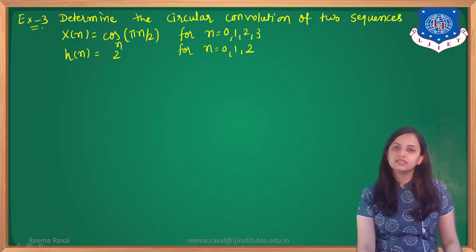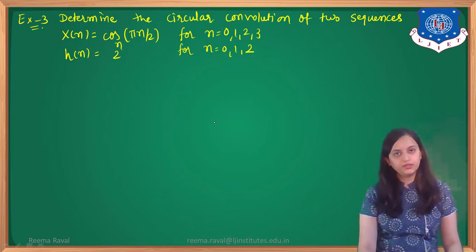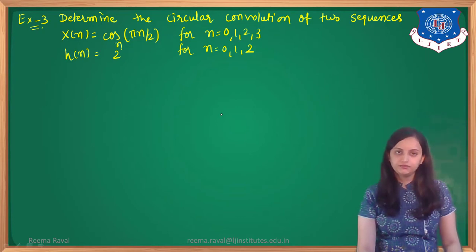That means over here direct samples are not given; the instances and the functions for them are given. So we need to find the values for x of n and h of n, and then the same way which we have done earlier for two examples, we will do the matrix method to find the circular convolution.